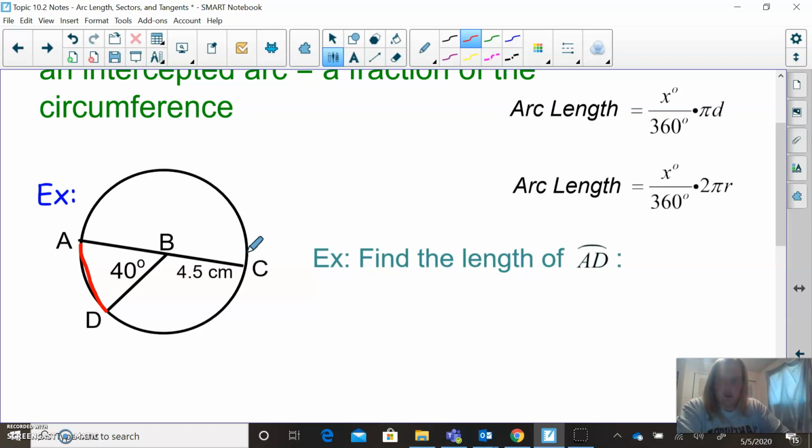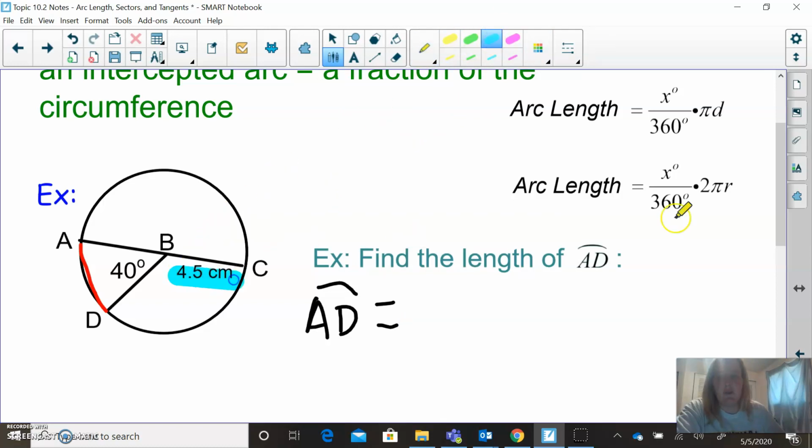So, we're just going to plug in everything into the formula. So, AD is equal to, now we got to determine which one we're going to use. In this example, we've got this 4.5, and that 4.5 is the radius. So we're going to use this formula, the one with r in it.